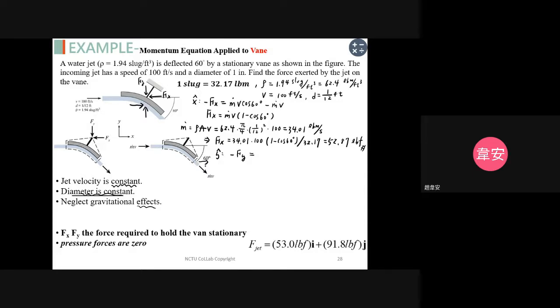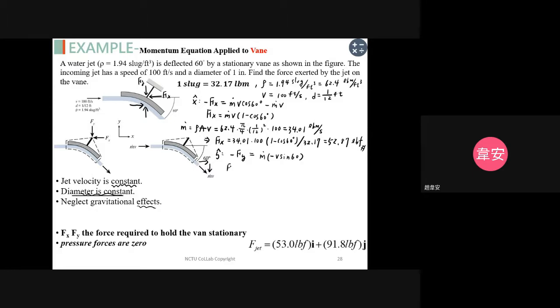Here we only have the momentum along the Y direction contributed from the outflow. So there is the outflow momentum, and we project the velocity of the flow, which is downward. So it's the mass flow rate multiplied by the flow velocity projected to the Y direction, which is sine 60 degrees, but the flow direction is downward, so there is the minus.